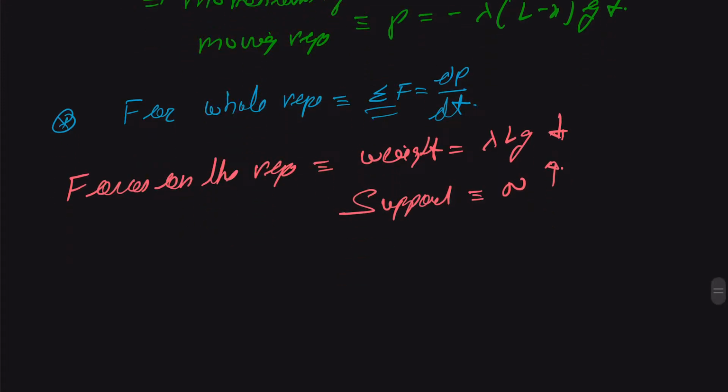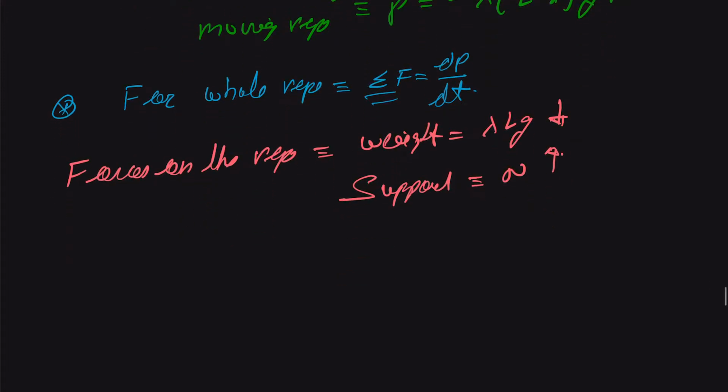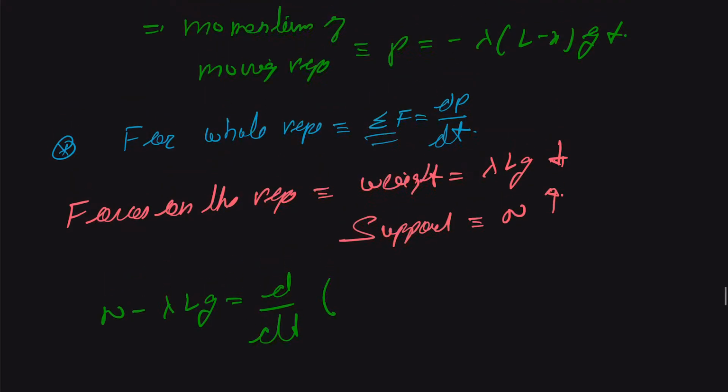Therefore, we can write the equation that normal minus the downward force will be our rate of change of momentum, that is minus lambda (L minus x) g t.